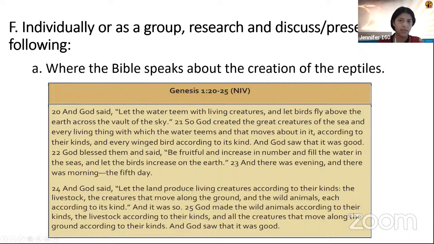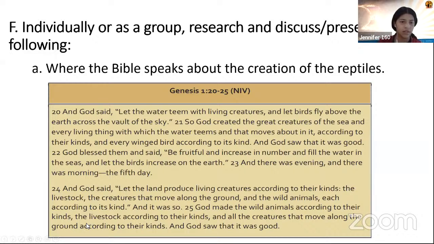God blessed them and said, "Be fruitful and increase in number and fill the water in the seas, and let the birds increase on the earth." Verse 23 says, "And there was evening, and there was morning, the fifth day."